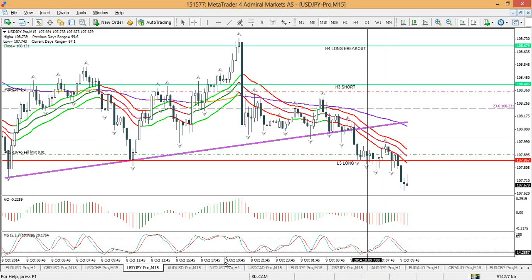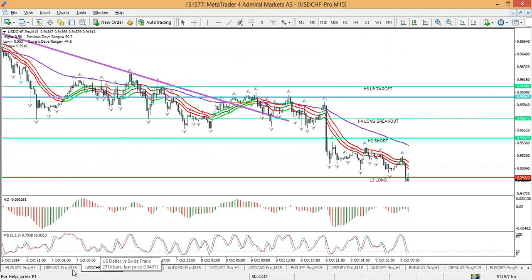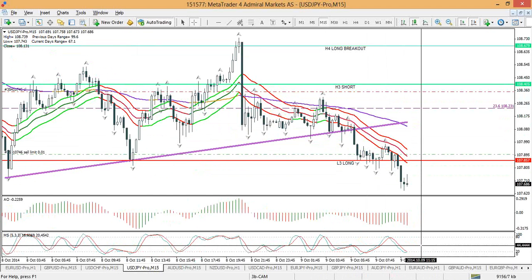So let's see. Maybe, there are many factors still that could happen, but that would be the idea. You don't know if the price will make that fall right now, but that would be my main target for the moment.